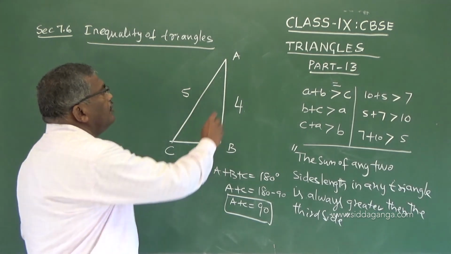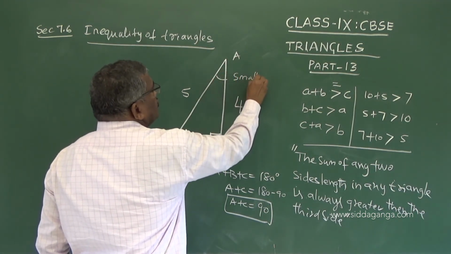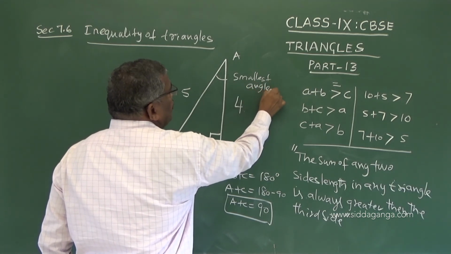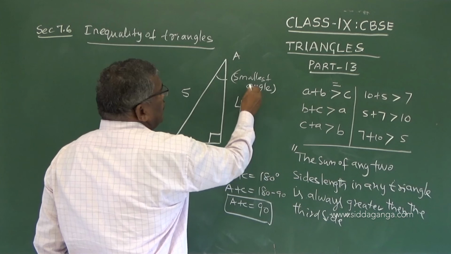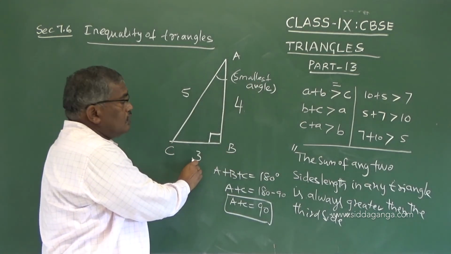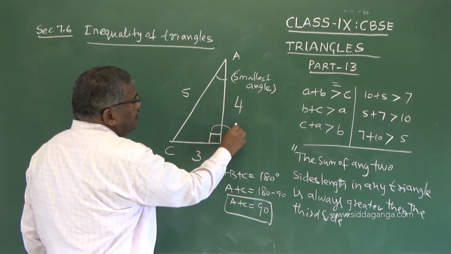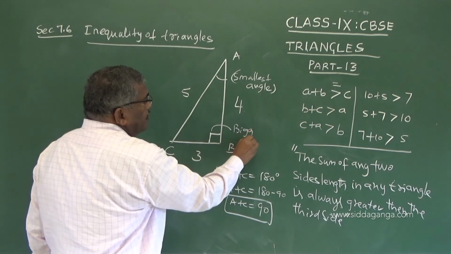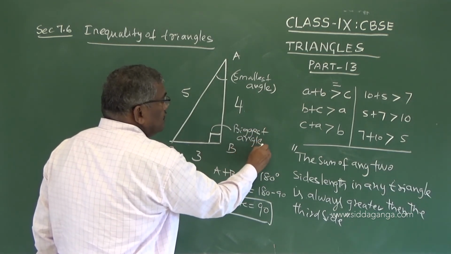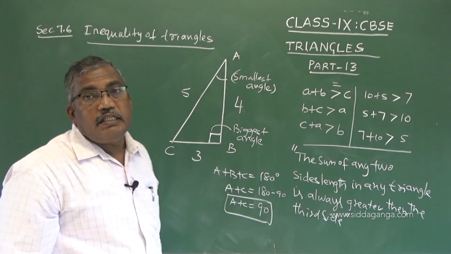So therefore, A is the smallest angle. Smallest angle is opposite to the smallest side, and this is the biggest angle, against the biggest side.